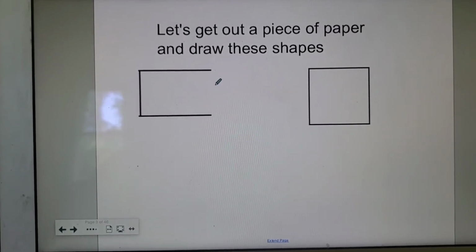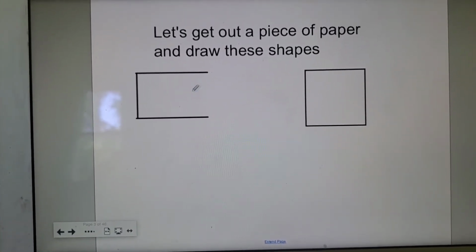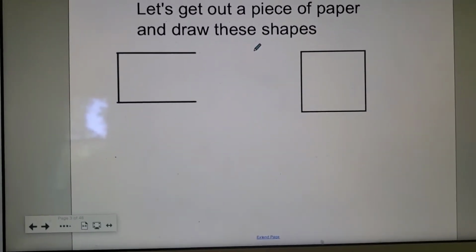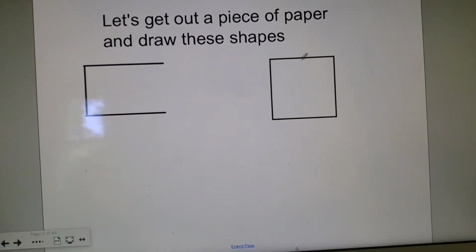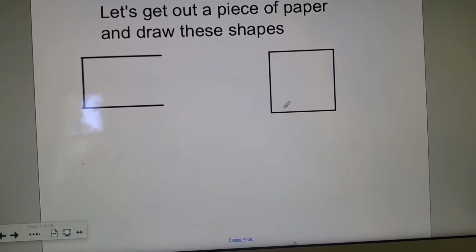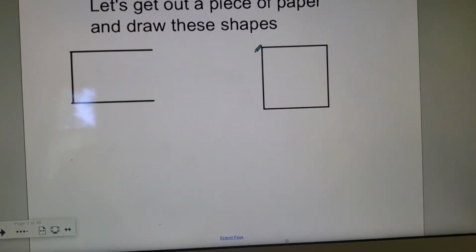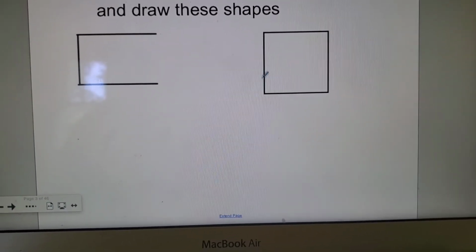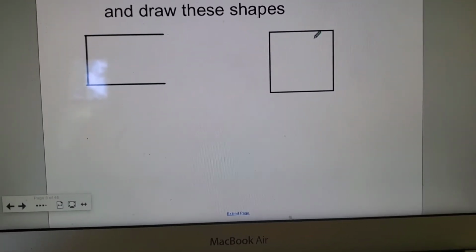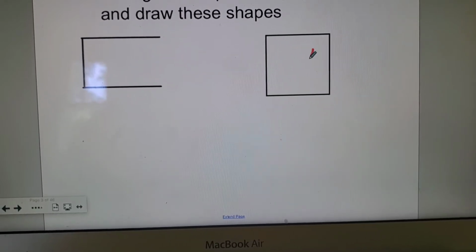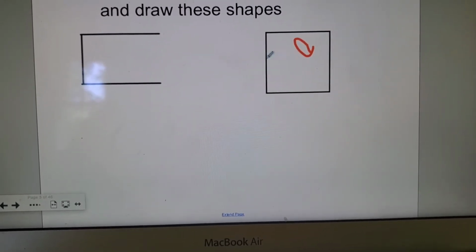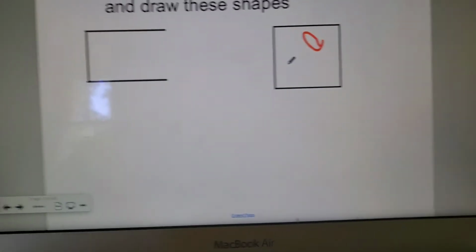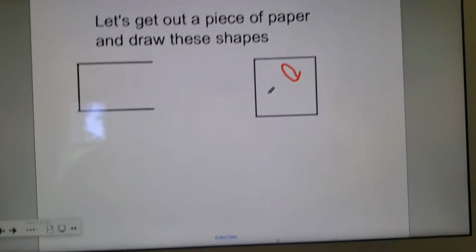So if I put a little ball inside here, it could roll out and come on out. Okay, so that's an open figure. Now I want you to look at this one. If you notice, it has four sides, right? And it's closed. So if I put a little ball in here, can it get out? It can't, because it is closed.